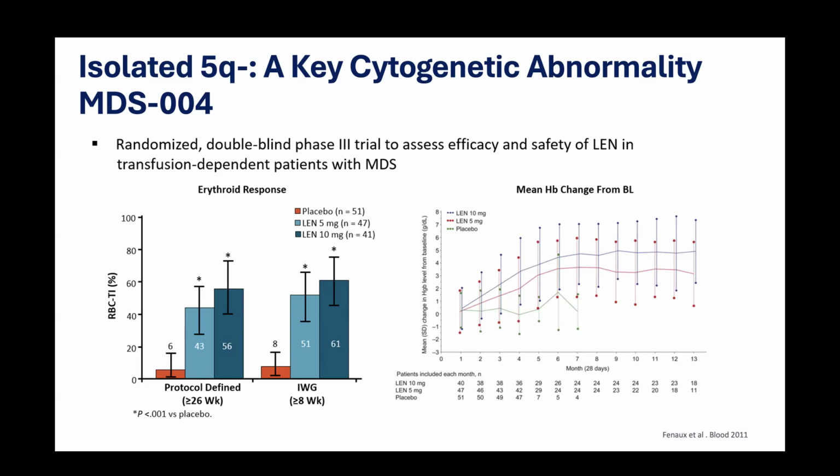Now, why this is important is that we have a drug called lenalidomide, also known as Revlimid, which is exceptionally effective for patients who have this abnormality in an isolated manner. Meaning, if you don't have this abnormality, there's a very minimal or weak potential for response.